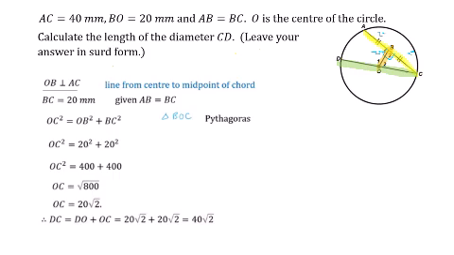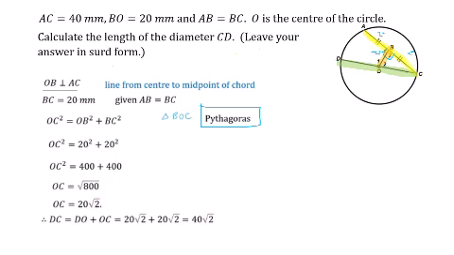Now we are going to apply the Pythagoras theorem. Why? Because OB is perpendicular to AC, which means angle B is 90 degrees. So we can find this right angle triangle in the diagram, and we can apply the Pythagoras theorem. OC squared is equal to AB squared plus BC squared.